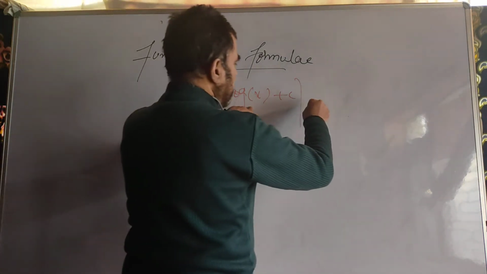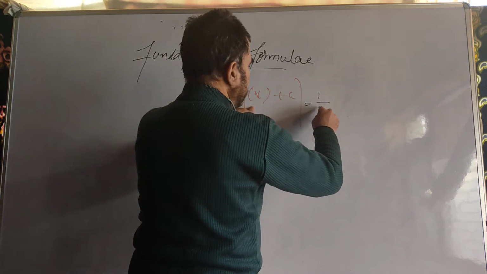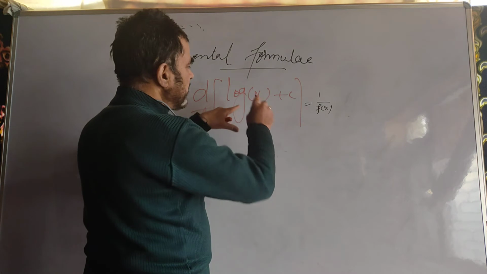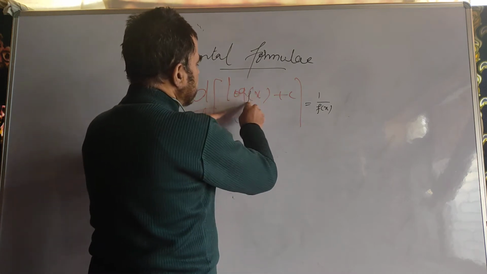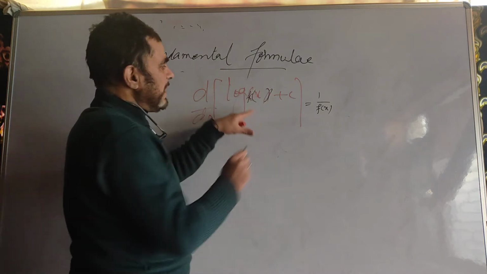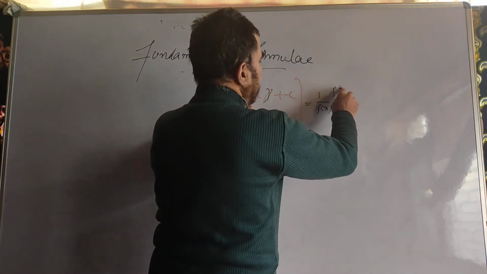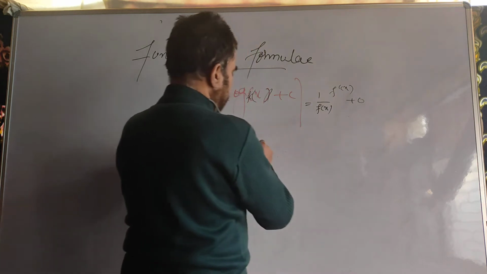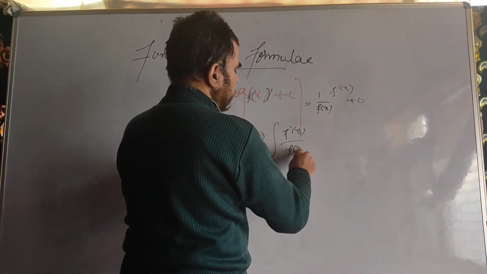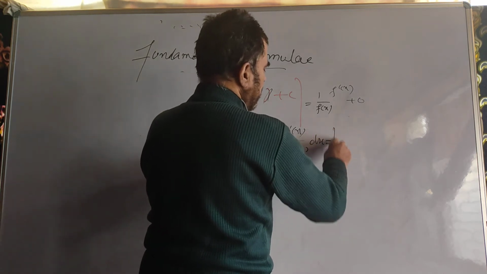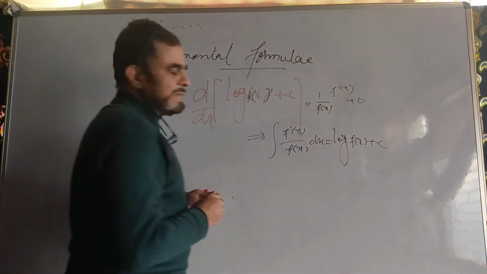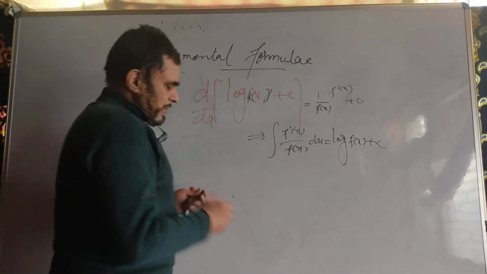The derivative of log f(x) is 1 by f(x) times the derivative of f(x), which is f dash x, plus 0. Doesn't this mean that the integral of f dash x by f(x) dx is log of the denominator, log of f(x) plus c?